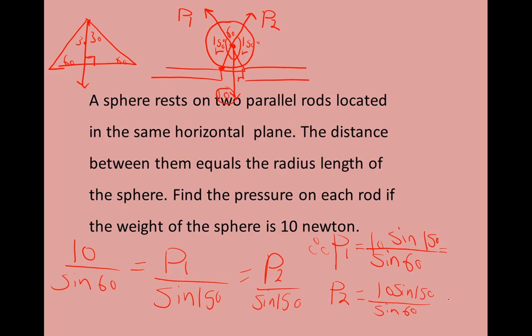Here P1 and P2 are two equal forces and their magnitude equals 10 multiplied by sine 150 over sine 60 equals 10 root 3 over 3.